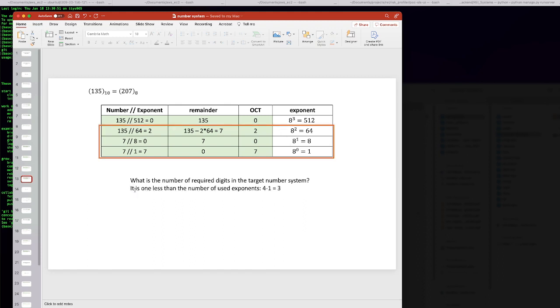For example, here we used 4 different exponents, but 1 minus that, because the first row here, we don't use it because it's always 0 in equivalent, because this number is always greater than the number that we want to find its translation. So we can always ignore this first row. So the number of digits is always 1 less than the number of rows that we have here.